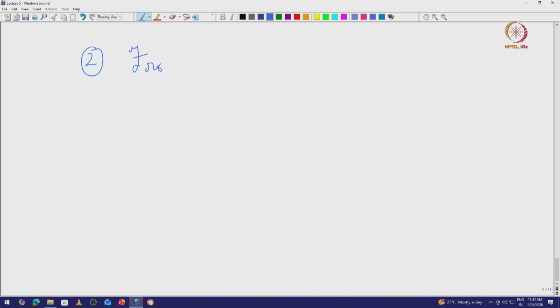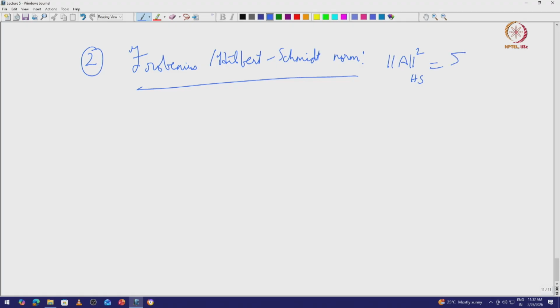That's the Frobenius norm, sometimes called the Hilbert-Schmidt norm. These are very fancy names for a very simple concept, so don't worry about the names. They are not important. It's simply the square root of the sum over i and j of |a_ij|².